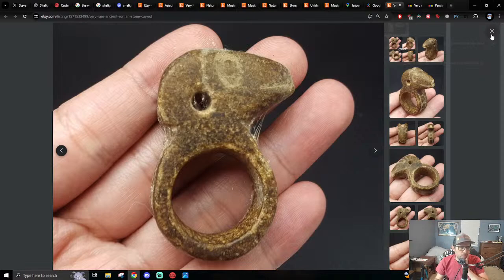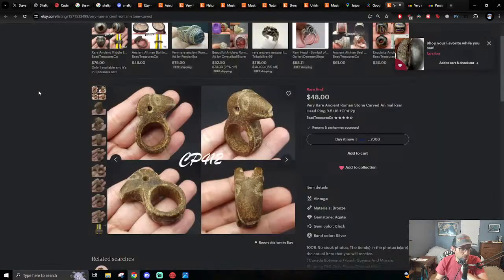It would be crazy if something like this was misinterpreted as a ring and it was some other completely different thing.